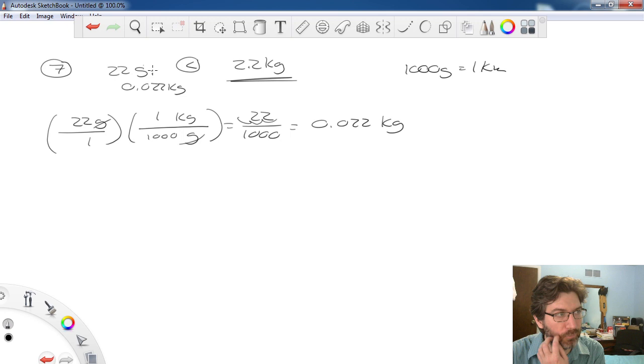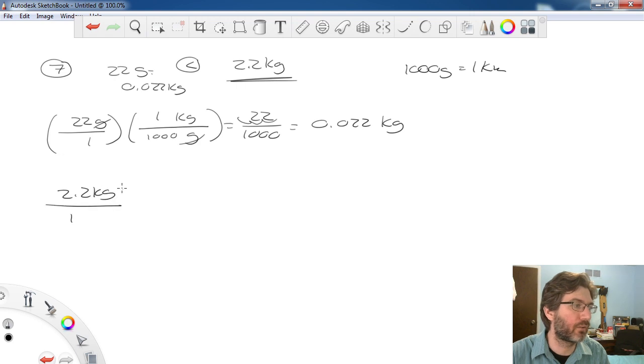You just got to make sure they're both in the same units. You could have brought this to grams. We can do that really quickly. If I want to turn that into grams, I need kilograms to cancel. And I know there are 1,000 grams in 1 kilogram.